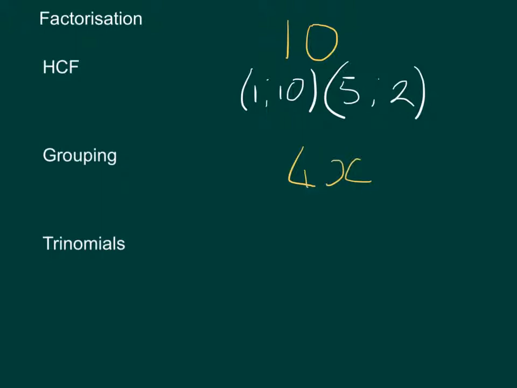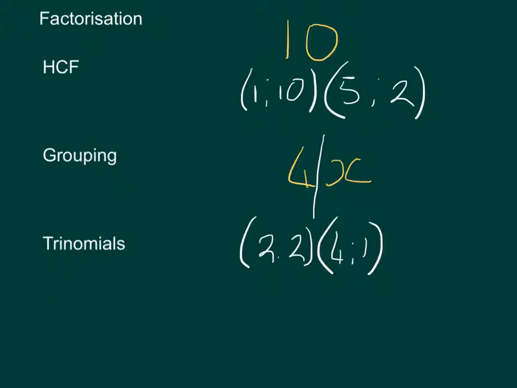As soon as we get to algebra, if we have something like 4x, what are the factors of 4x? Well, firstly, we break the number up and we say, okay, what are my factors of 4? Well, they are 2 and 2, or they are 4 and 1. So that's dealt with now, the coefficient, the number in front of the variable. But we still need to deal with factors of this variable.